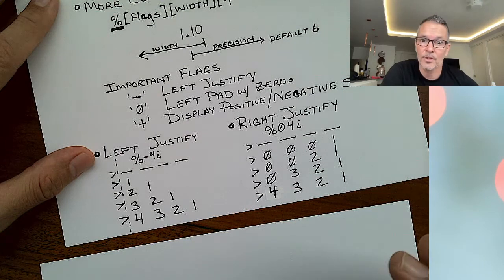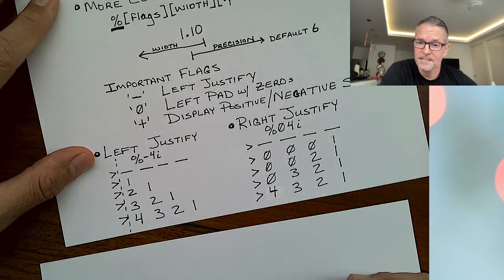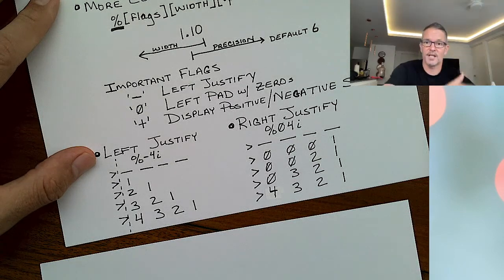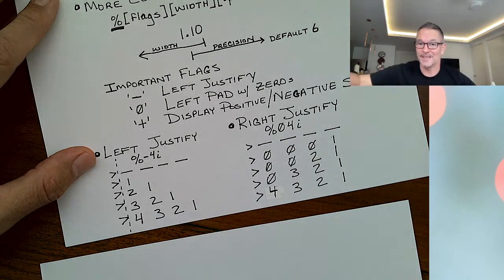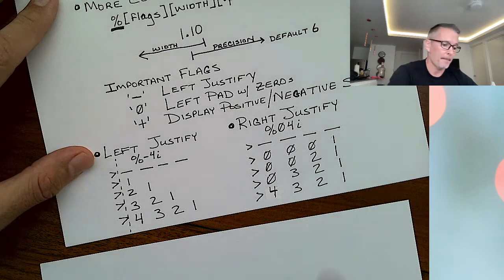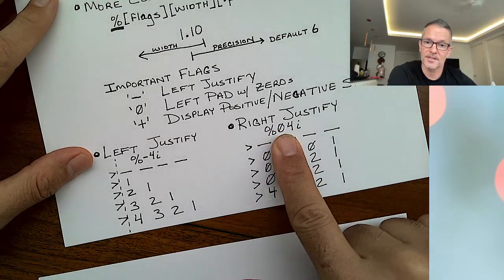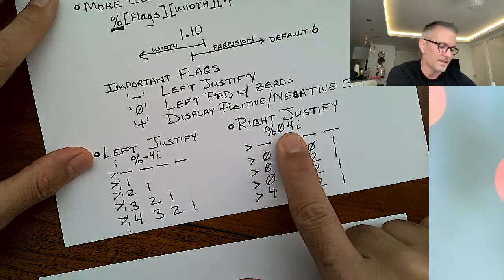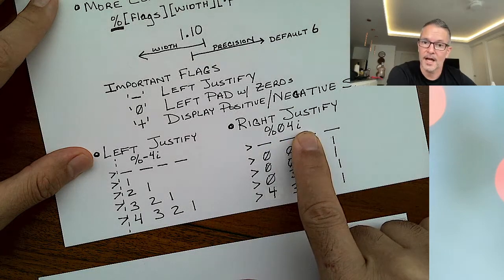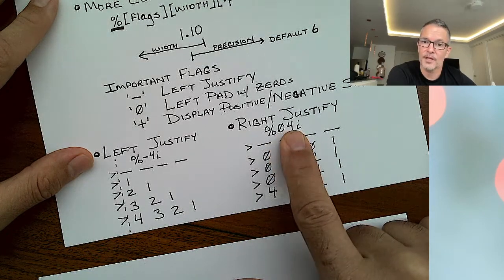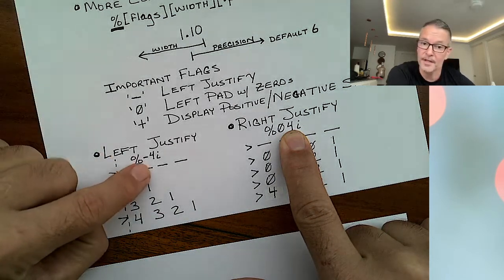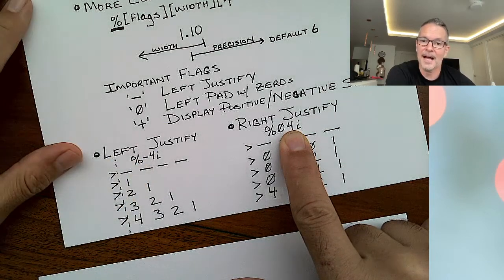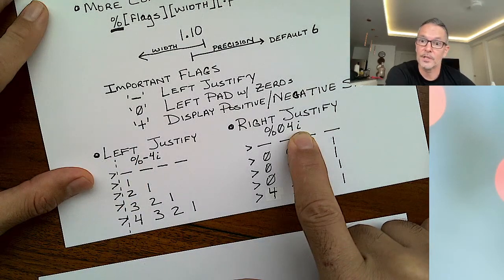And if I had a number that was greater than 4 digits, it would just go ahead and flow that last digit off to the end. Okay? Right justify. Here's an example. %04i. I'm saying I want 4 characters to be printed. This is going to be right justified by default because I did not include the negative, and I am giving you an integer.